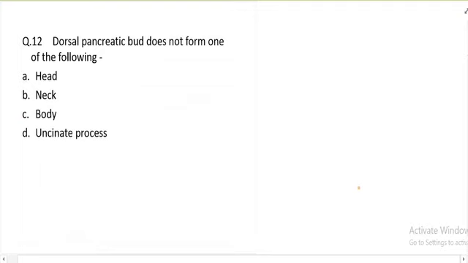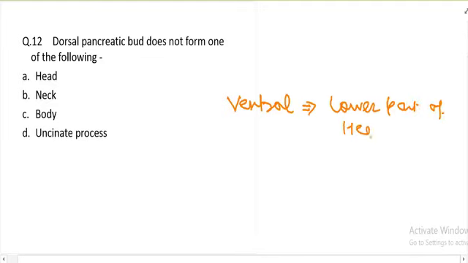Next question. Dorsal pancreatic bud does not form one of the following. So remember, ventral pancreatic bud forms the lower part of the head and uncinate process.